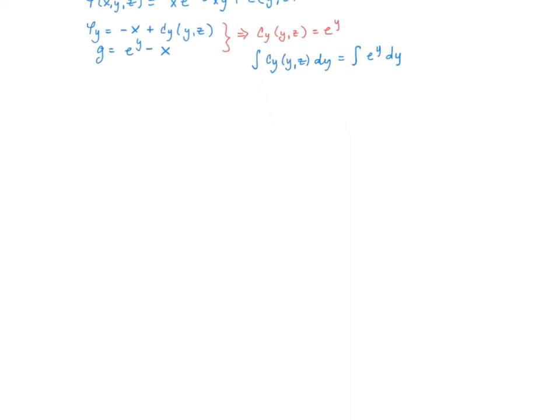On the left-hand side, you integrate the derivative and you get back the constant, a function of y and z, equal to, on the right-hand side, e to the y plus a new constant. Since I integrated with respect to x and now I'm integrating with respect to y, this new constant, we'll call it d, can only be a function of z. So now this is what I want to find.